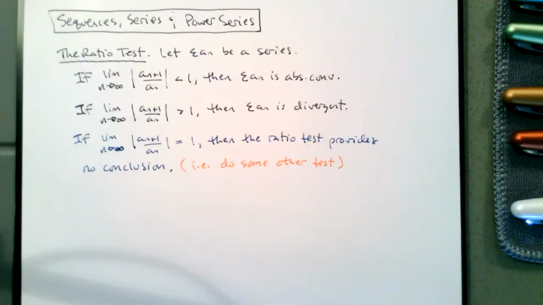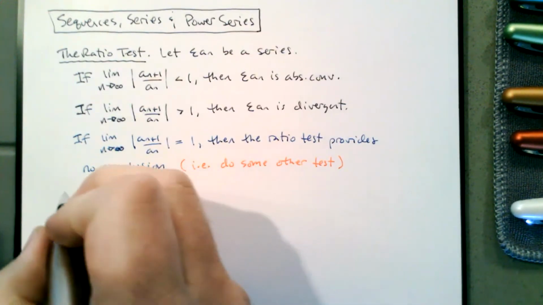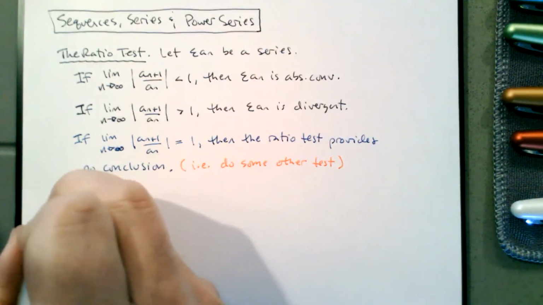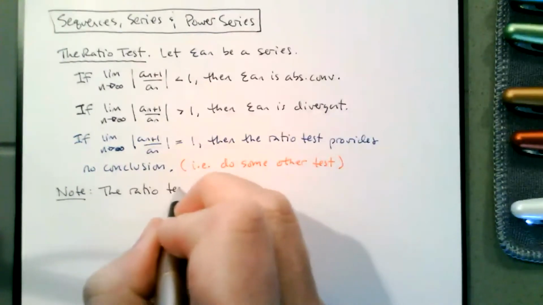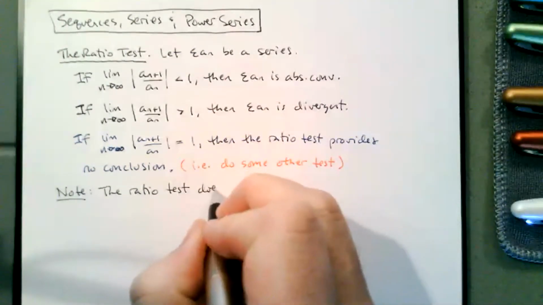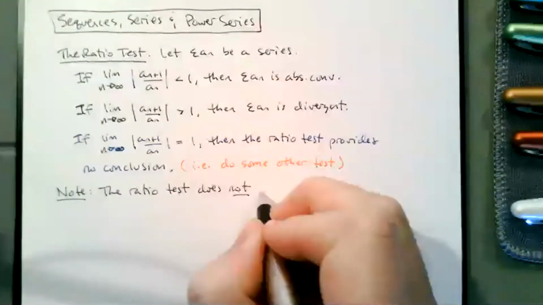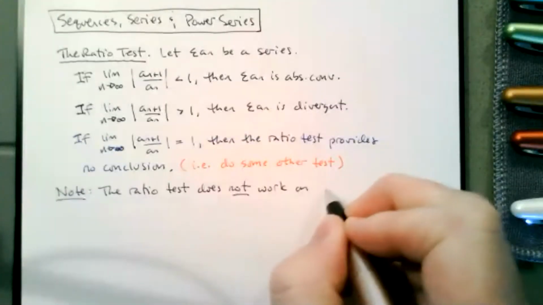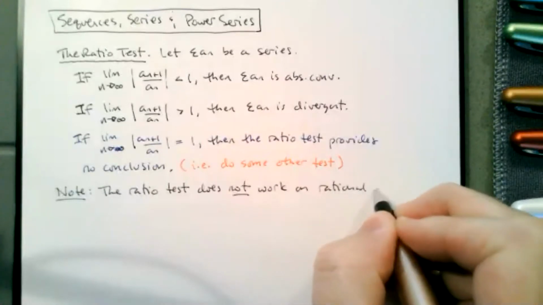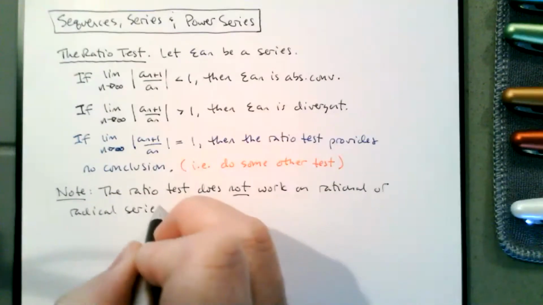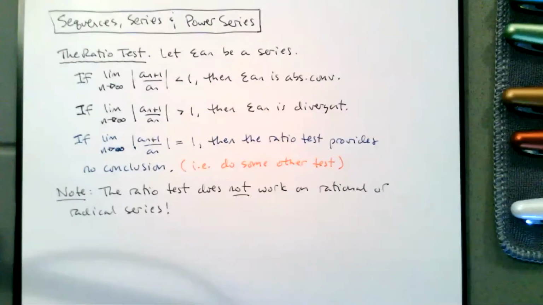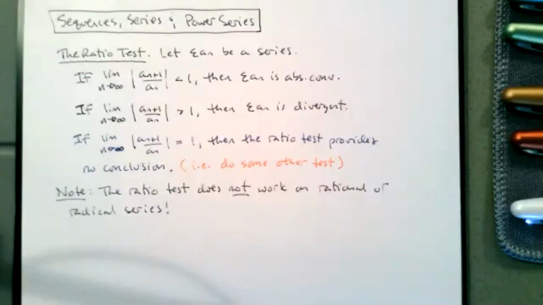All right. An important thing to note about the ratio test is that it will not work on rational or radical series. The ratio test is not going to work on rational or radical series.